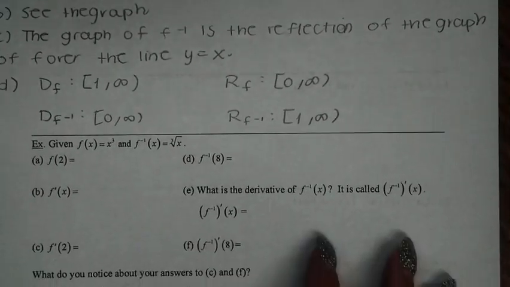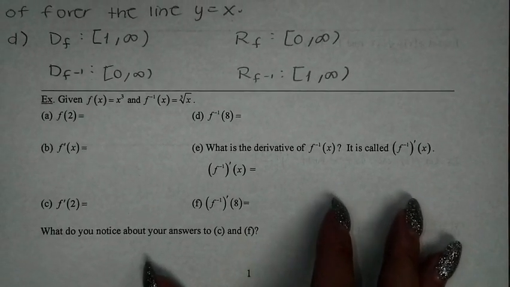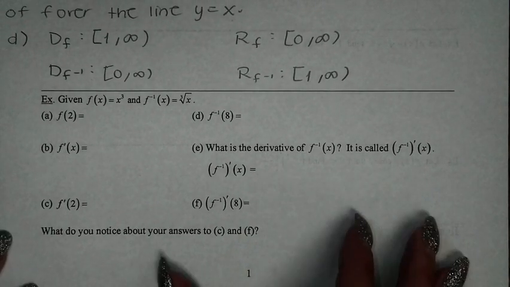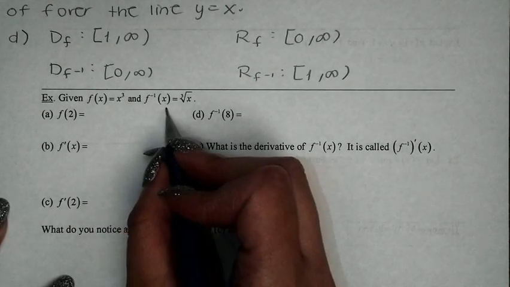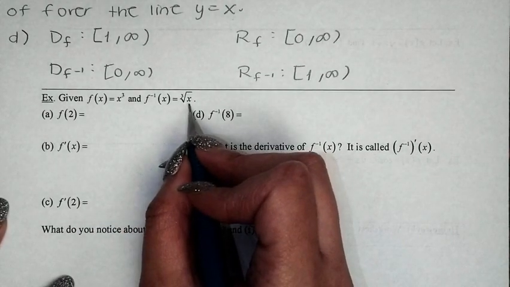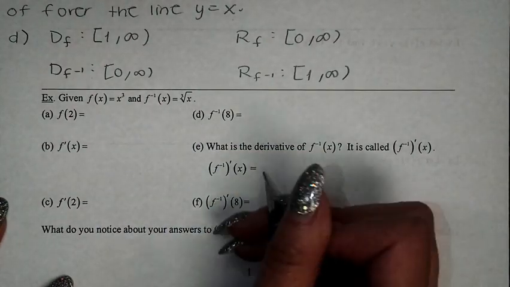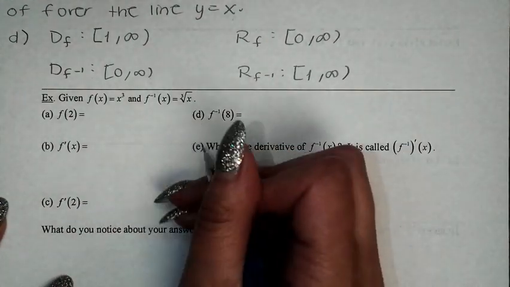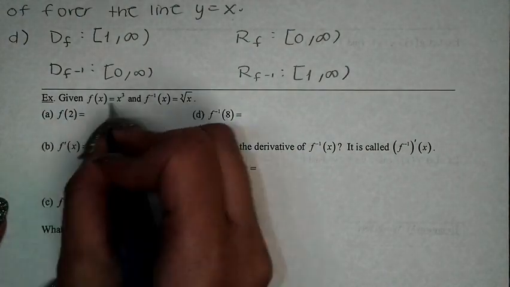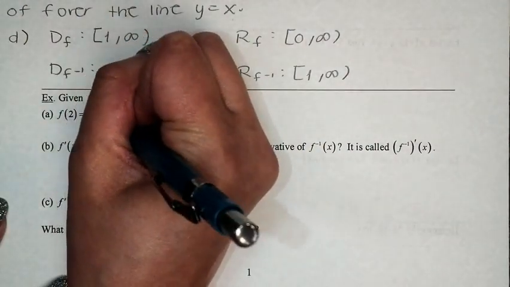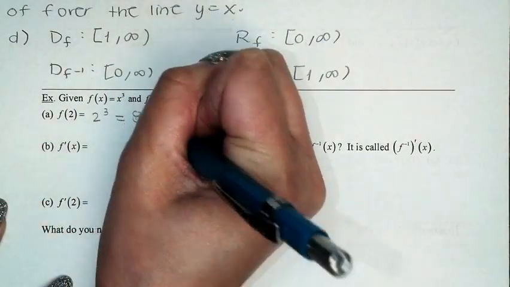So the next problem that we have over here, let me show you that one. We have that f of x is equal to x cubed, and the inverse, they are giving it to you, is the cube root of x, which is not a surprise for us, right? The next thing they ask you to do is replace the x for 2 in the original. So you have 2 to the power of 3, which is going to be 8.